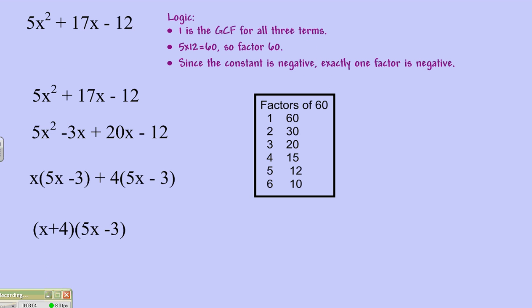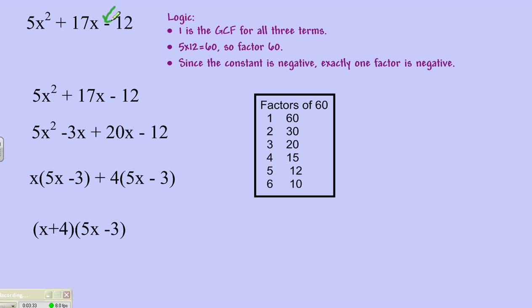In our next example, we can see there's nothing to factor out from the beginning. So we will focus our energies on finding two numbers whose product is 5 times 12, or 60, but whose sum is 17. So as we look at the different possibilities here, now wait a minute, this 60 has to be negative because of that right there.